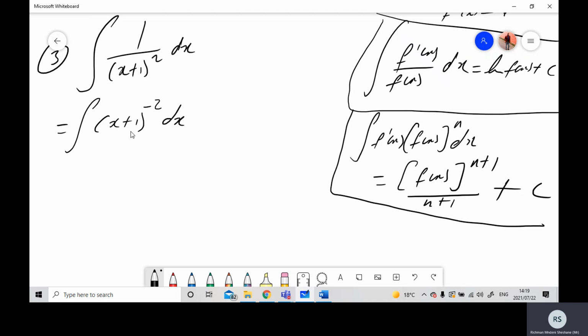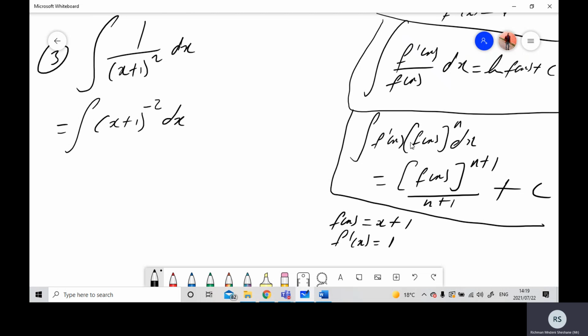So I will treat my f of x as x plus 1, and then check if I have the derivative outside. The derivative of this is 1. There's a 1 here, it's just that we don't always write the constant number 1. So you have the form f prime times f of x to the power of n.